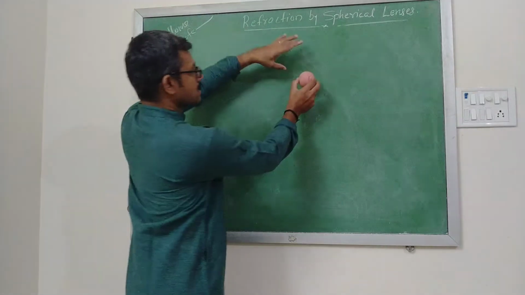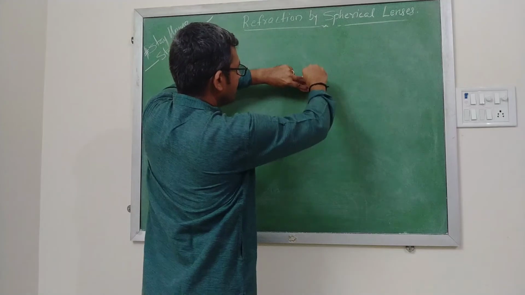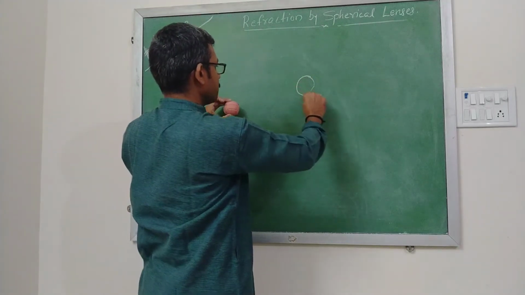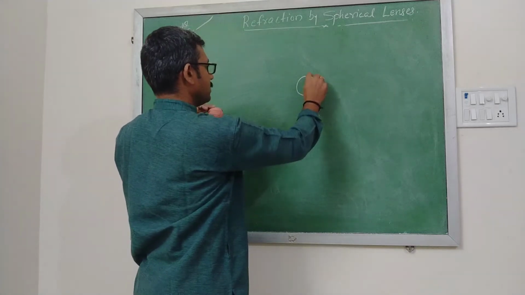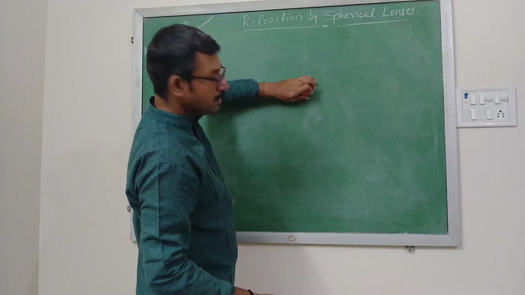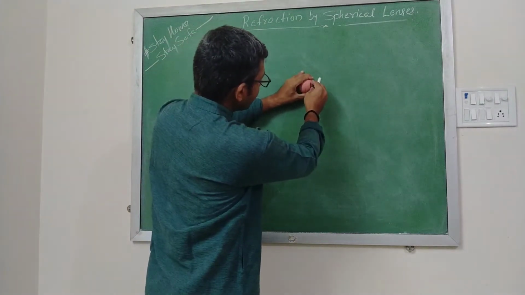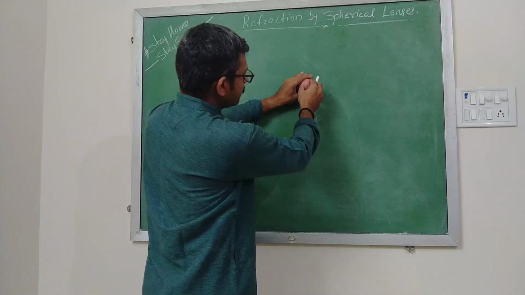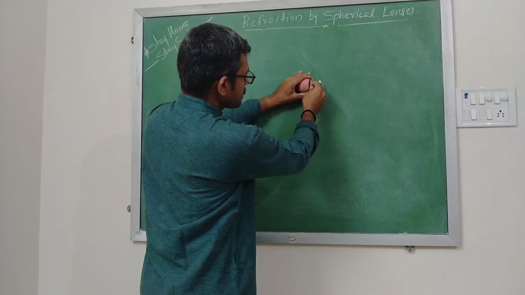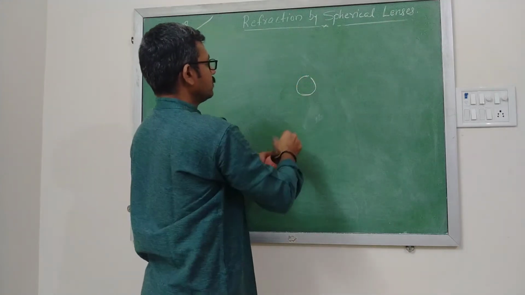This is a sphere. Now I am going to make another sphere here. Yes, the sphere is made. Now I am going to take this much part and cut from here. This much part I cut.